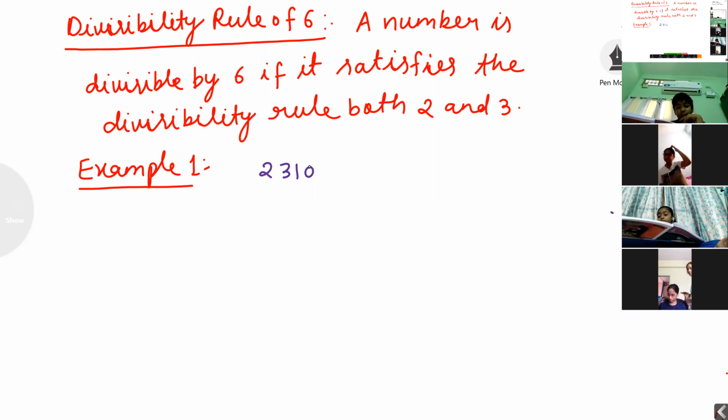How to check? If the ones place digit is 0, then I can say this number is divisible by 2. Now this number is divisible by 2.